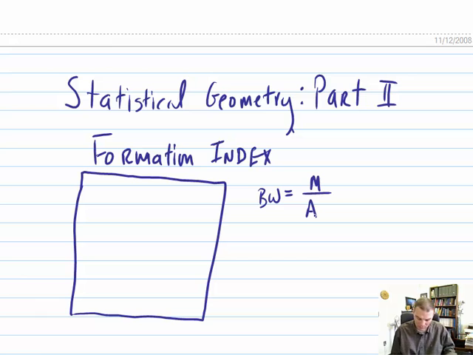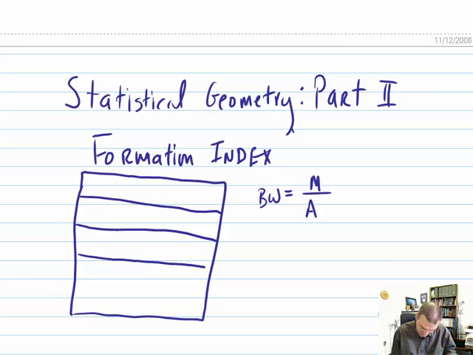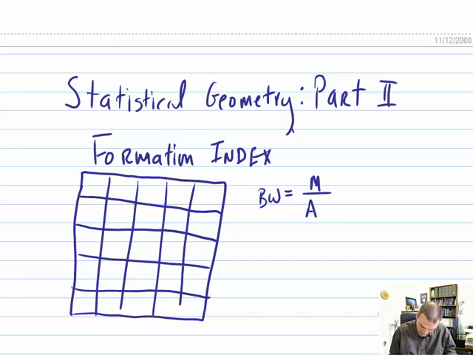Now, if we begin breaking this sheet down or cutting it up, by example we could cut it up into a number of different smaller squares, and we could determine the basis weight for each of these individual squares.